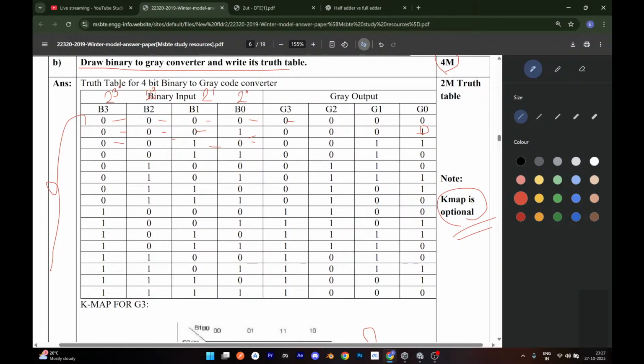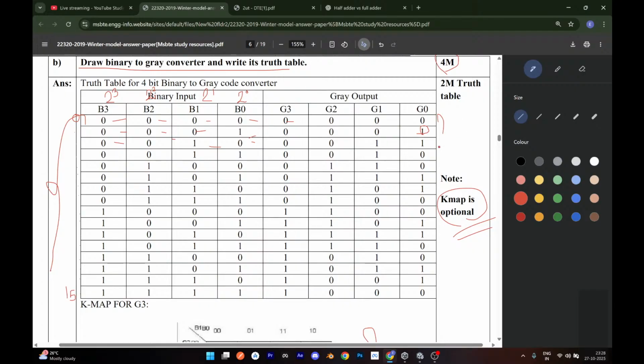I think everyone understands what it is. These are the binary numbers from 0 till 15, those are all the binary numbers. Decimal to binary, I think everyone knows.